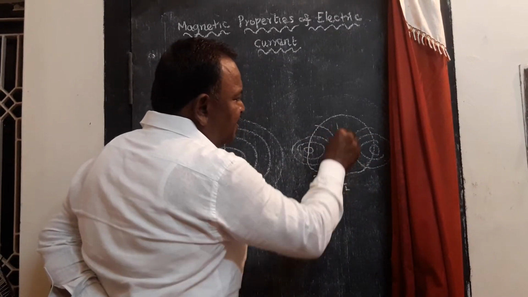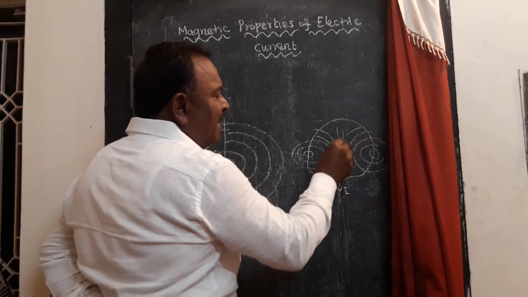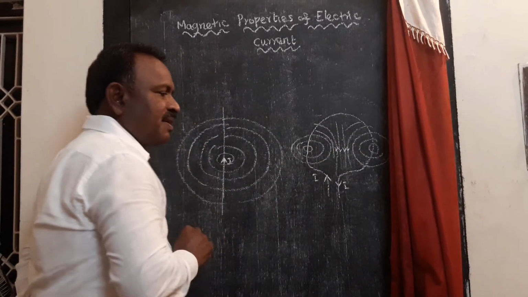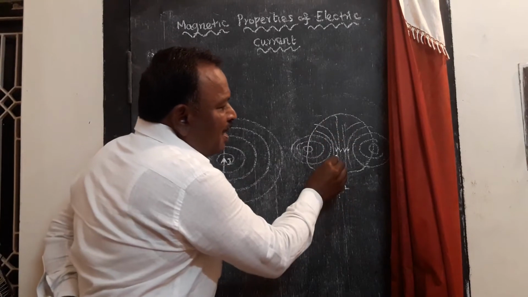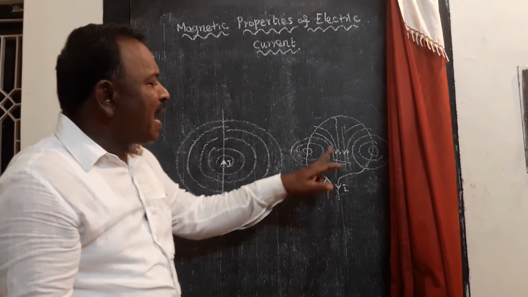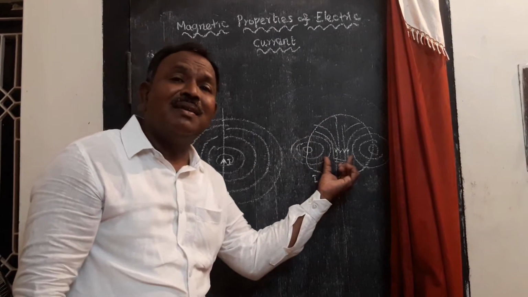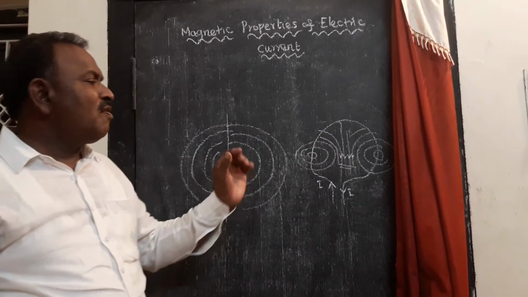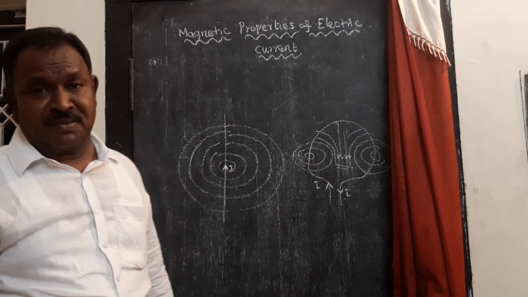And we can see at the center of the loop, the magnetic field lines are parallel to each other. So at the center of the loop, the parallel magnetic lines tell us that the magnetic field due to the loop is uniform at the center. We have already seen that a uniform magnetic field is represented by parallel magnetic field lines.